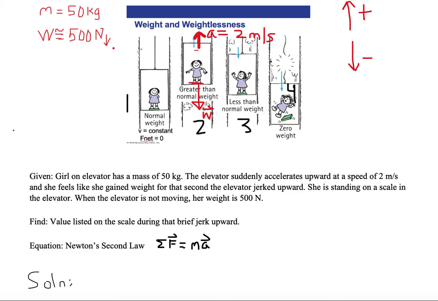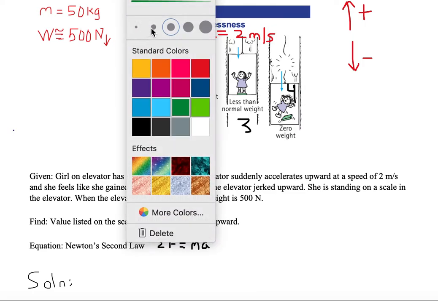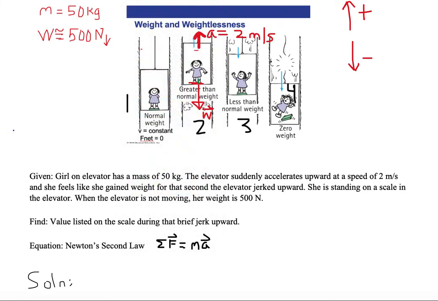Now she's not falling through the floor when the elevator suddenly jerks upward, so the floor must be pushing back on her, equal and opposite. I'll draw that in a different color. We call this the normal force, and we put an arrow above it indicating normal force.